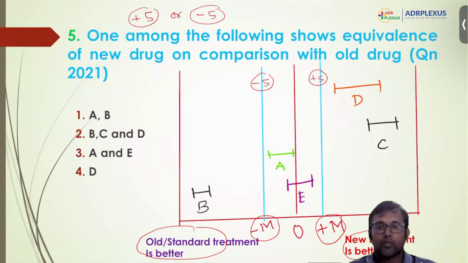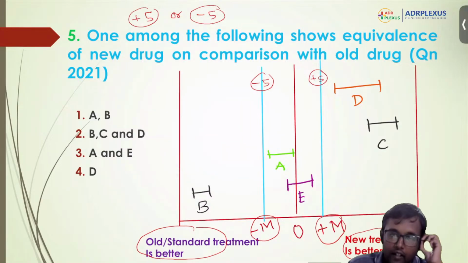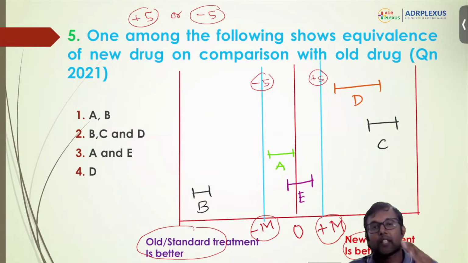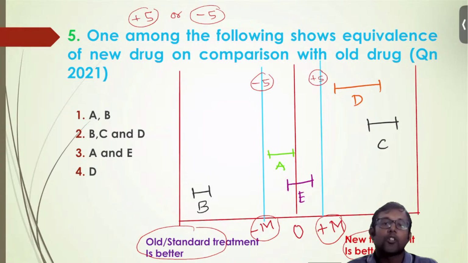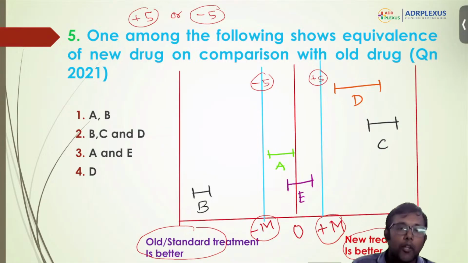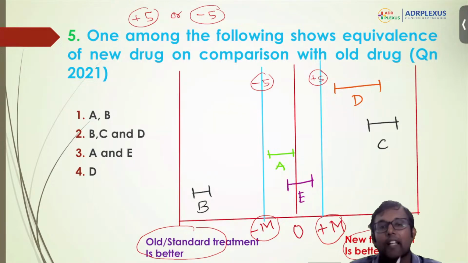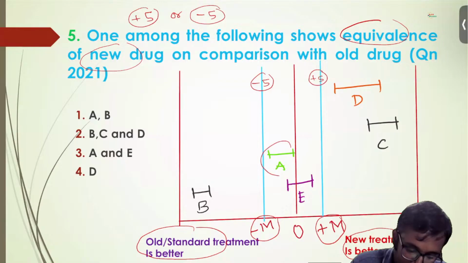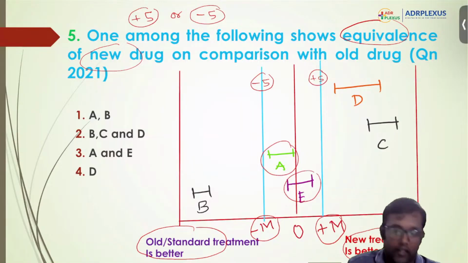On comparing these two drugs, more or less they are equal. The drop in temperature after using paracetamol or Abhishek Sharma mol is not different by more than 5 degrees between both. So it is acceptable within this range. Then it is called bio-equivalent or the equivalence. So if you see A and E, they are the equivalence.